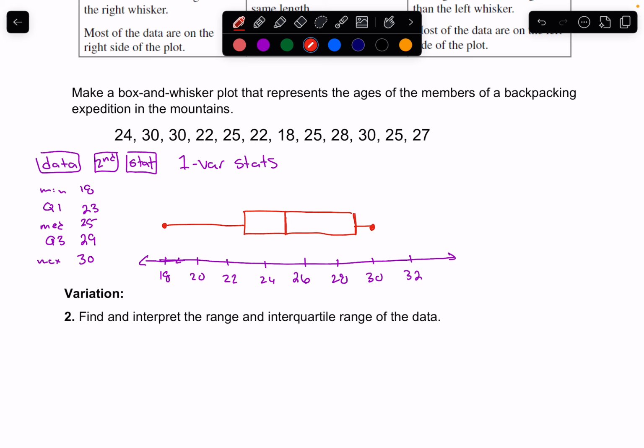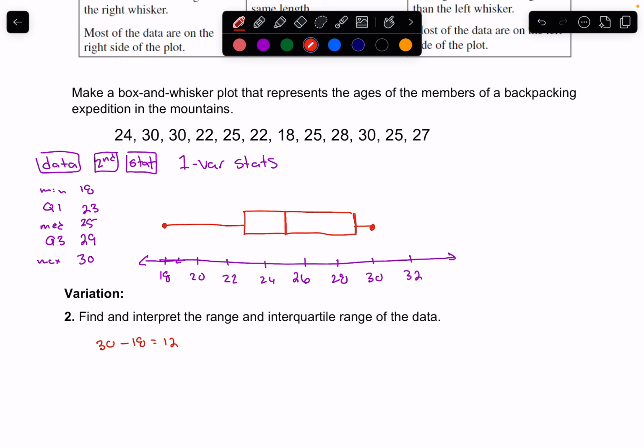Now the range is the largest number minus the smallest number. And what it means by interpret is put it in context of the problem that you're doing. So this says that the ages of the members of a backpacking expedition, that's what these numbers represent. So when I find the range, I take the biggest number, 30, and I subtract the smallest number, 18, and I get 12.